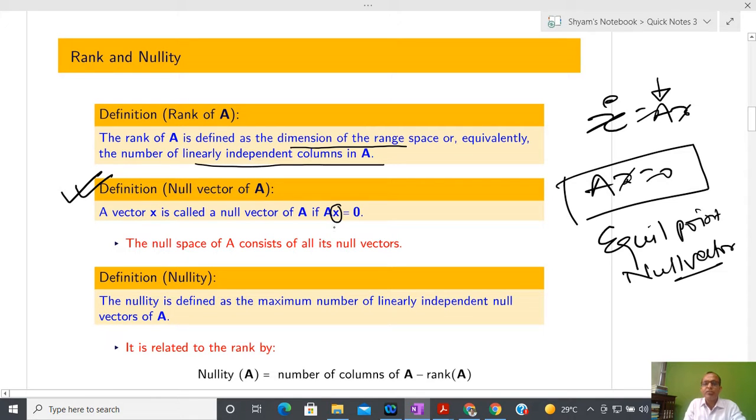Okay, so due to that reason, what I have to search is how many linearly independent null vectors there are inside the matrix A. If we see the example, then we will be able to understand this point more clearly.